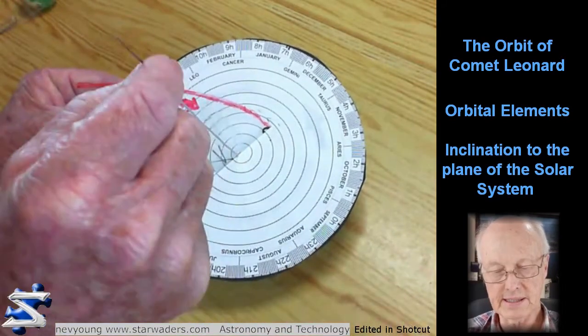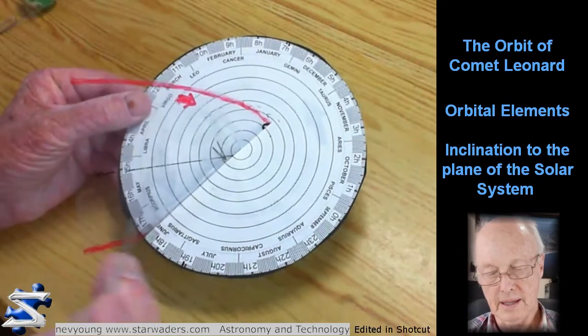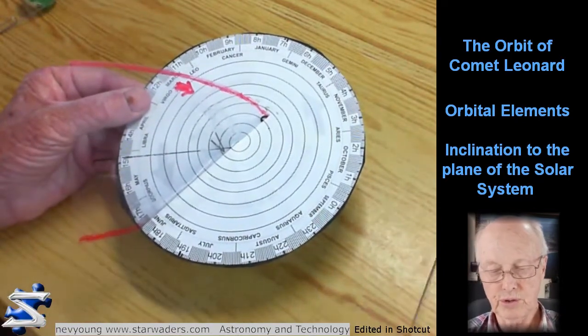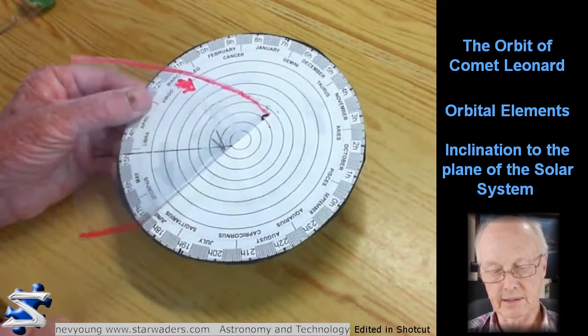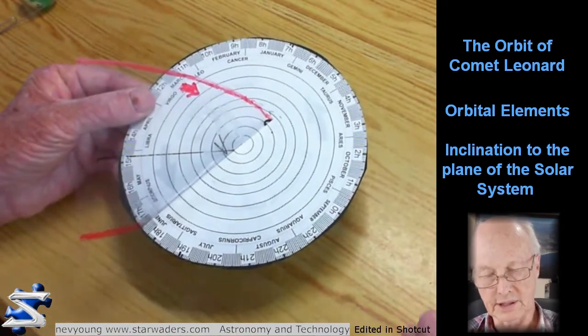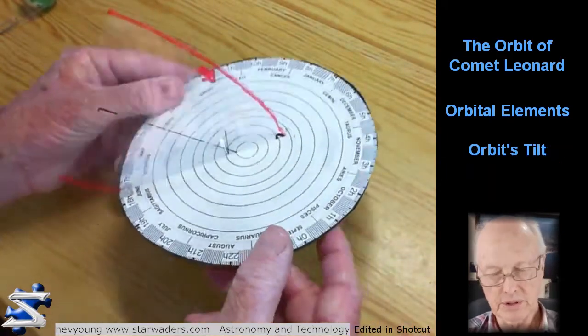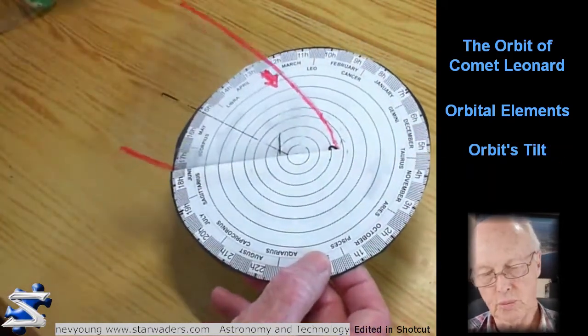Now that is 90 plus another 40 or so. And the effect of that is to turn the orbit upside down in a way. And if you look at it from the other side, that is why its orbit is seen as going clockwise and not anti-clockwise.